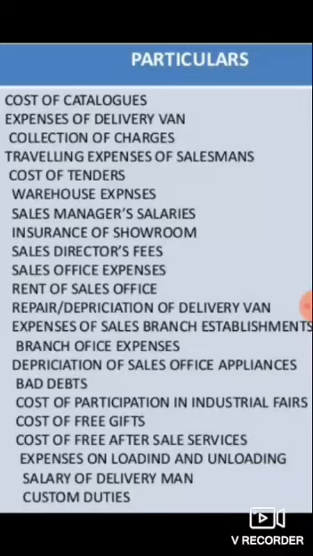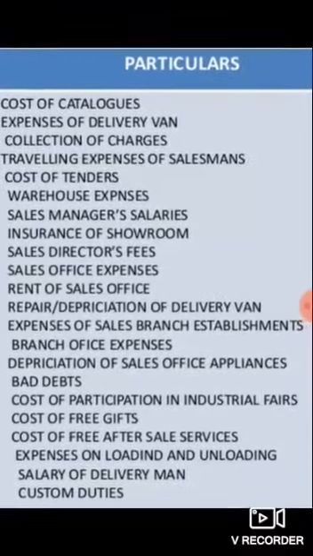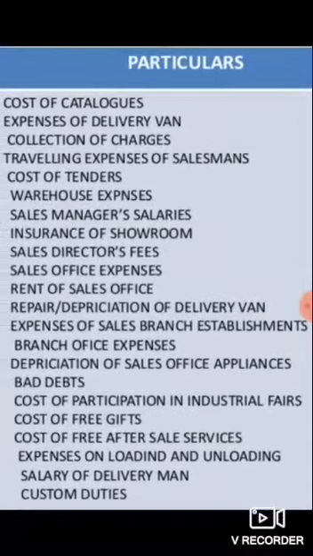Rent of sales office and repair and depreciation of delivery van, and expenses of sales branch establishment, so here they have to establish some equipment to arrange the products. So those establishment charges are added under selling and distribution expenses.